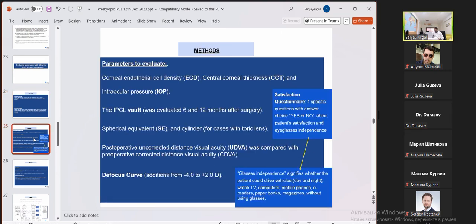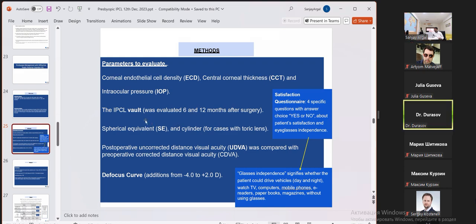And surgeons should ask basic 4 or 5 questions after the implantation of IPCL. And the parameters to evaluate the patient are very similar to normal IPCL patients. Check the endothelial cell density, corneal thickness, and intraocular pressure.